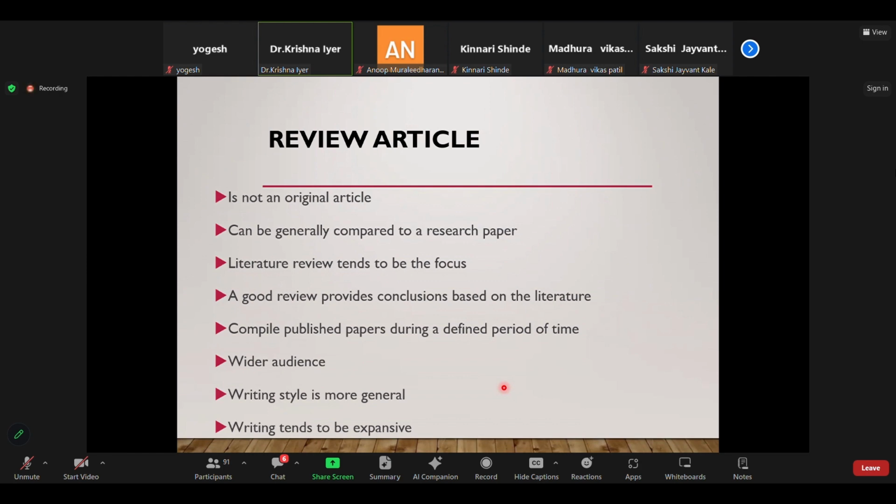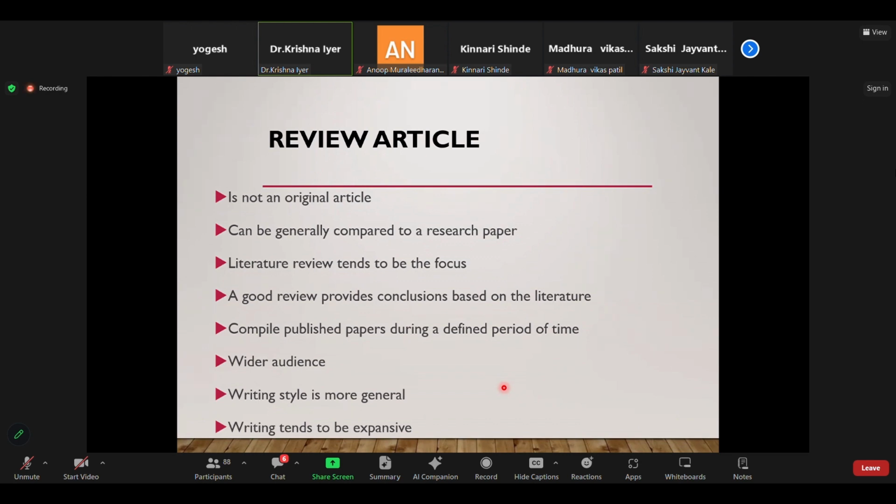And many times these will be articles which are collected over a period of time and all looked at in one shot and collated in one place, so that others don't have to look at each and every reference to get a feel for what is the state of the art, in a sense. Usually the wider audience is what you're looking at. The writing style is a little more general than a research paper, and you can be a little expansive here.